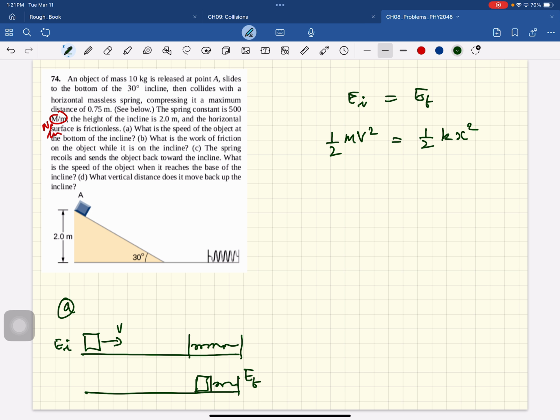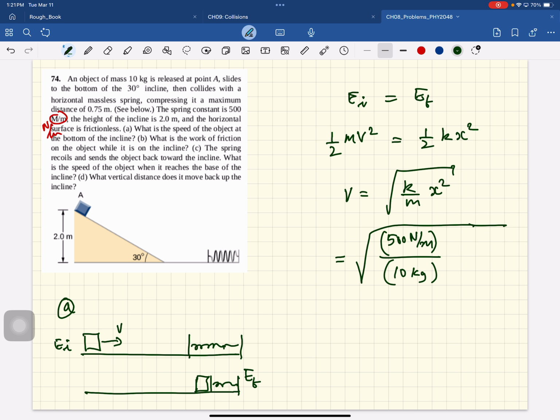So v is the square root of k over m times x. The spring constant is 500 Newton per meter. The mass of the block is 10 kgs.